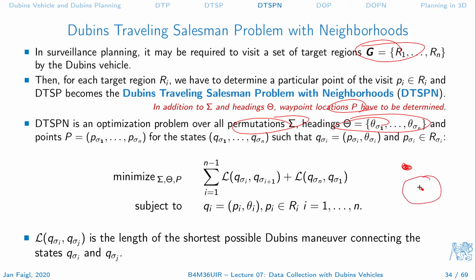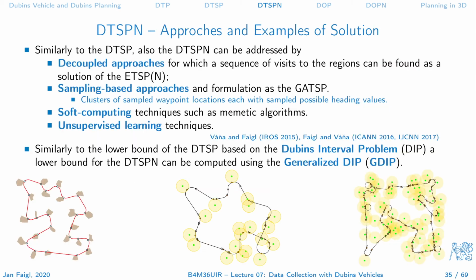We can actually encode the position of the waypoint on the disk by a single variable, but still we have these headings. So if you remember how we approach the traveling salesman problem with neighborhoods, it is very similar here, but we always have this heading and Dubins path instead of, for example, Euclidean distance.